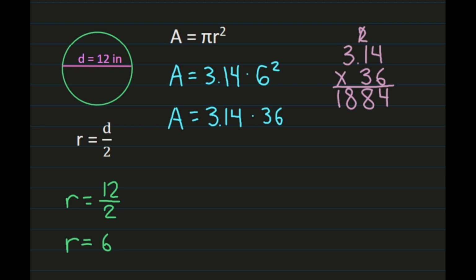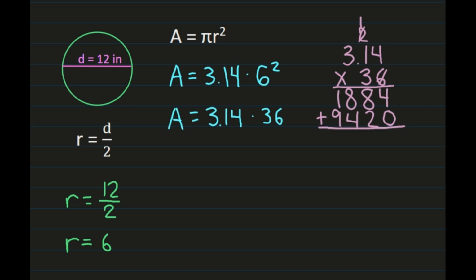Then I've used the 2 and I've used the 6, and I need a 0 in order to multiply by the 3. 3 times 4 is 12. 3 times 1 is 3, plus 1 more is 4, and 3 times 3 is 9. Then I'm ready to add.